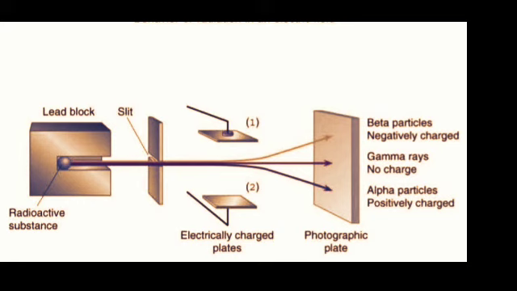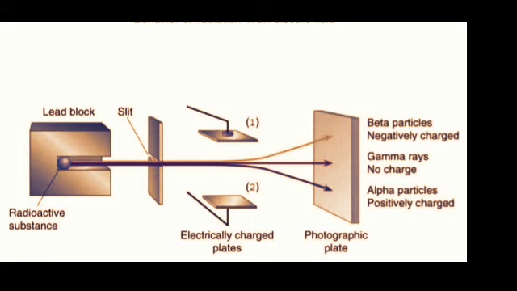One type of radiation deviated slightly towards the negatively charged plate, while the second type deviated towards the positively charged plate. However, the third type of radiation did not deviate at all in the electrical field.